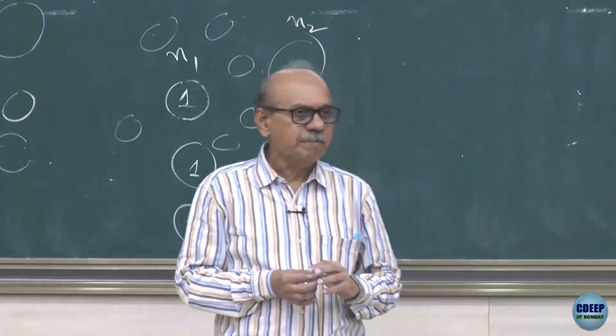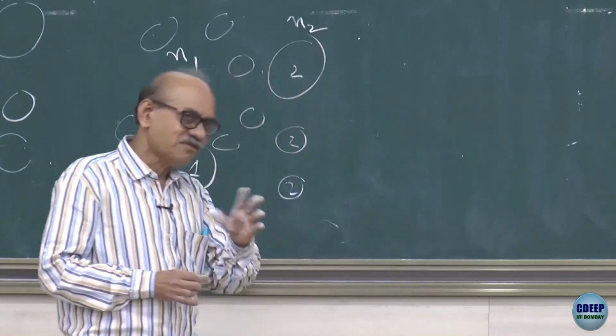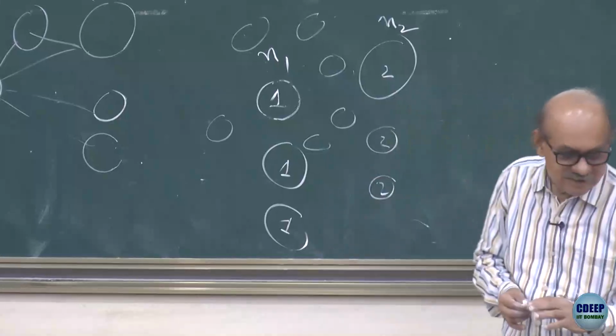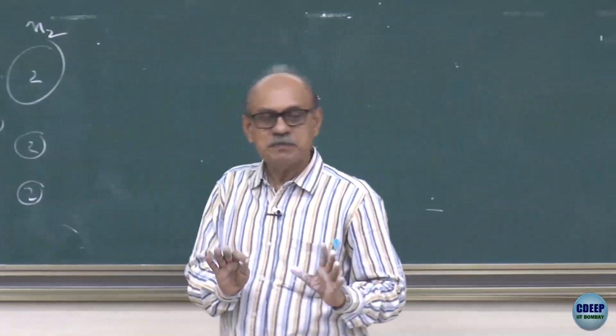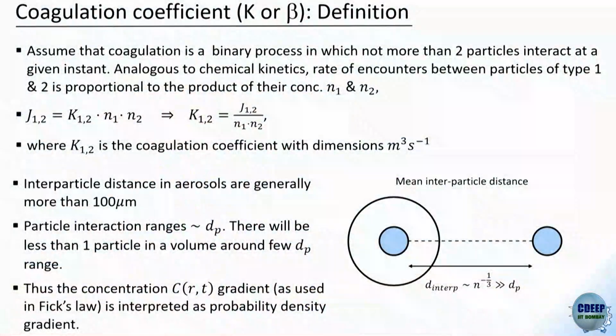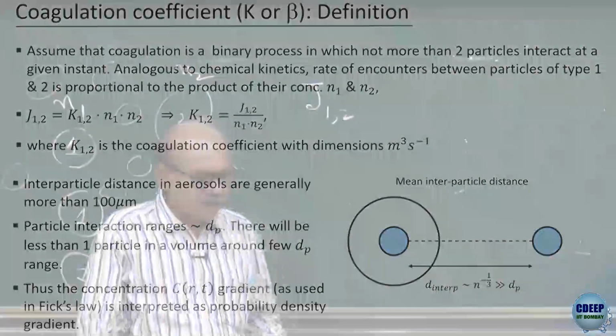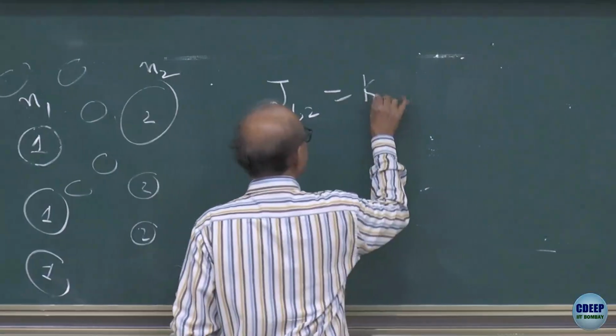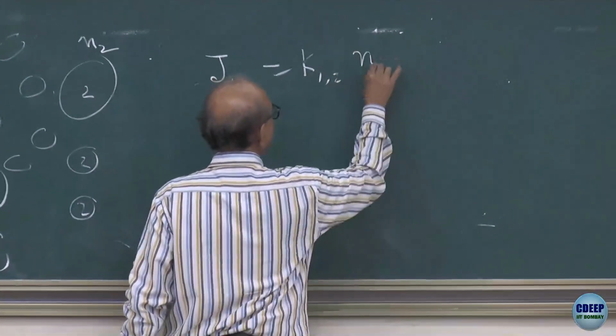Yeah, we will take care of double counting. In the first picture, you are right, of course, it is very important, but we will take care of that. So, you define the total encounters as some K12 N1 N2.